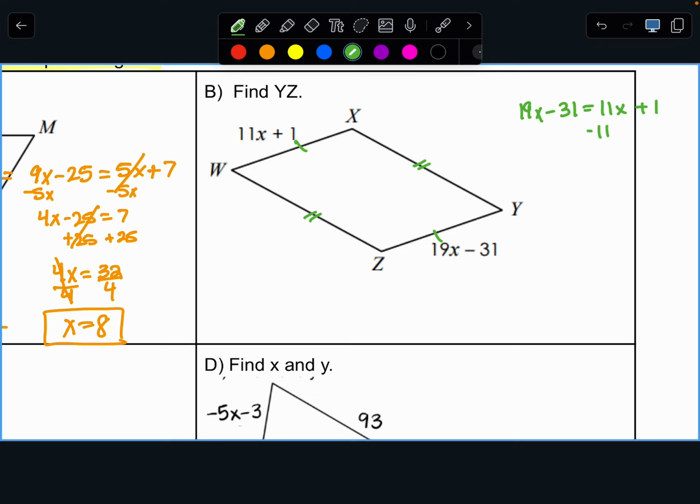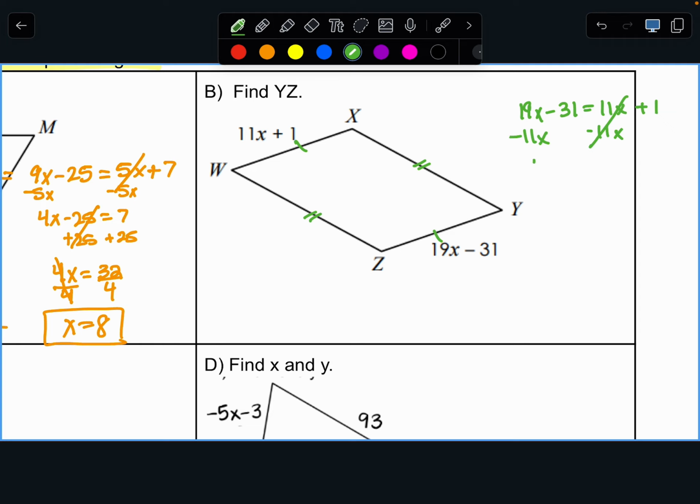I'm going to subtract 11x from both sides. I've seen the way some of you solve your equations. Please try to mimic the way that I do. It makes it so much clearer, and you will make fewer mistakes if you line it out and write down all the steps instead of trying to rush through it.